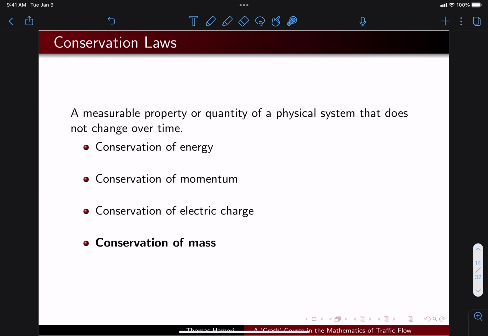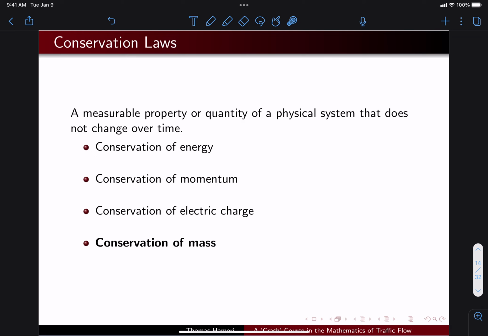Okay, so next up, I'm going to talk about conservation laws. So has anybody ever heard of conservation laws? Like conservation of mass, maybe? Okay, yeah. So you might have learned about them in a physics class. So what do we basically say? We say, well, some quantity of something is never changing, right?